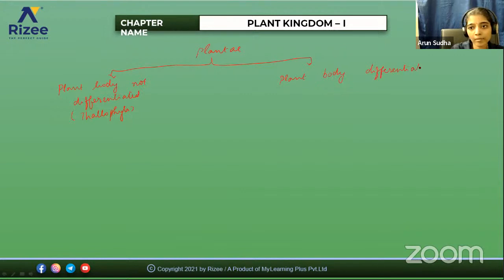This includes the algae. Not differentiated in the sense it is not differentiated into root, stem or leaves.